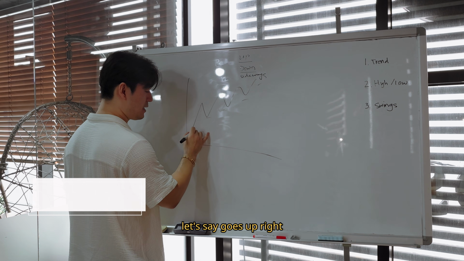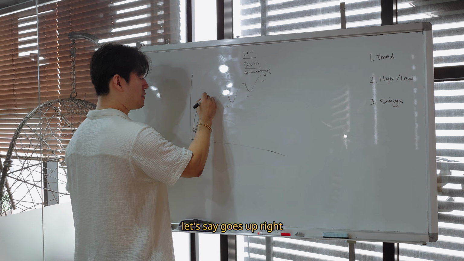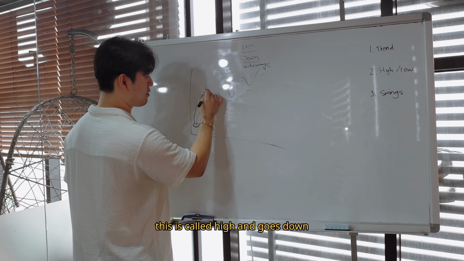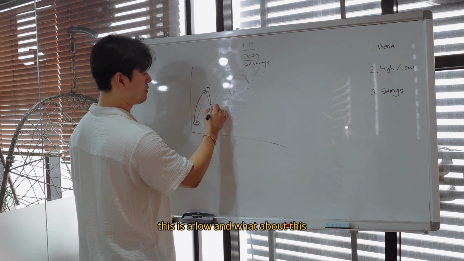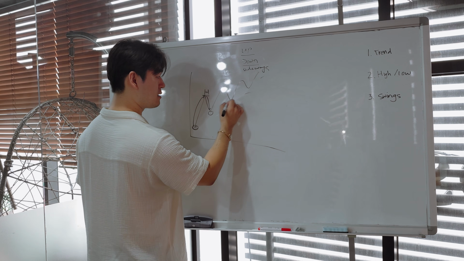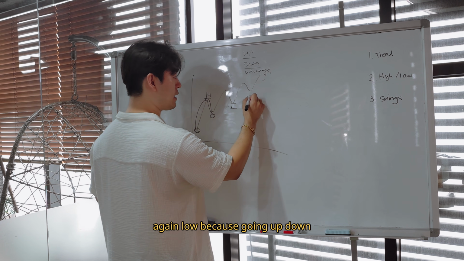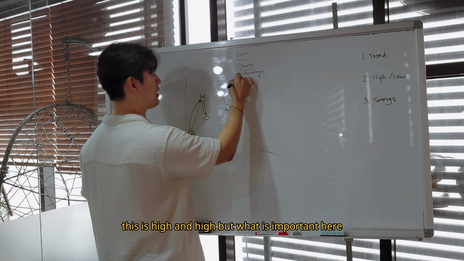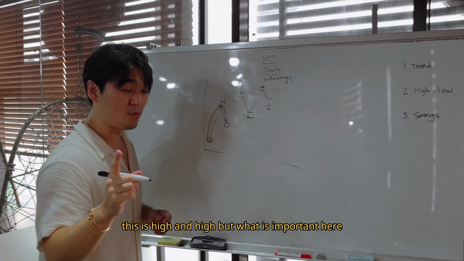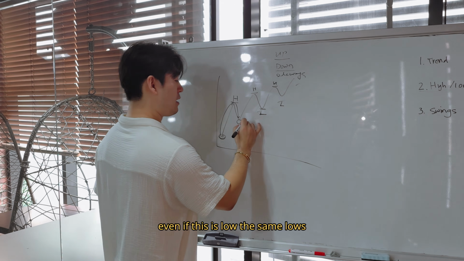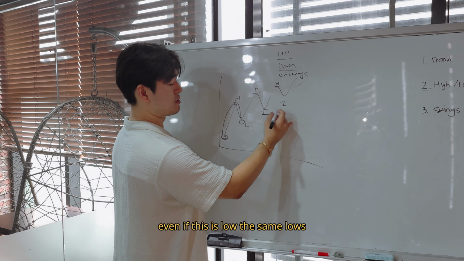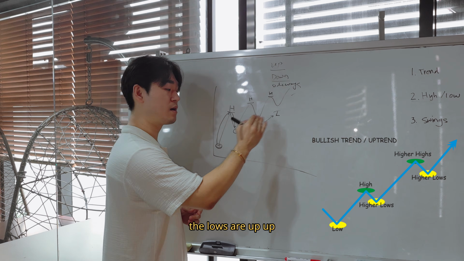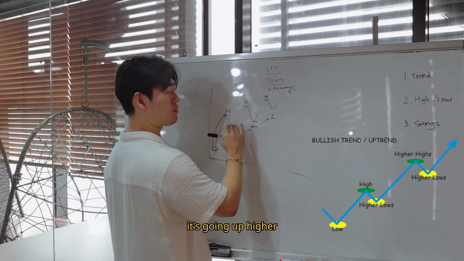It started from here, let's say, goes up, right? This is called high, and goes down. This is a low. And what about this? Again low, because going up, down, this is high and high. But what is important here, even if this is low, when you see this, the lows are going up higher.